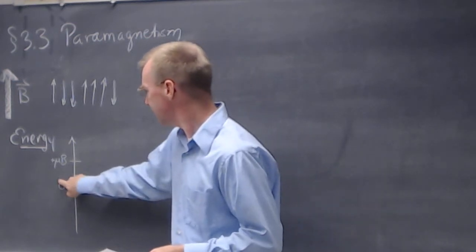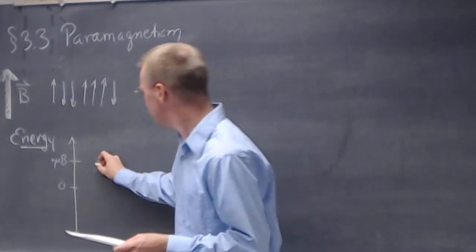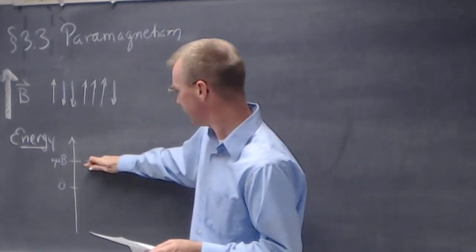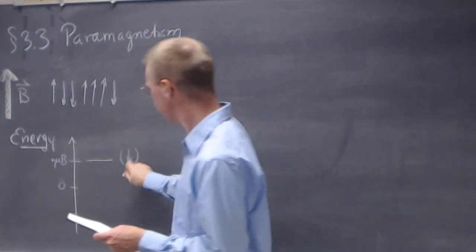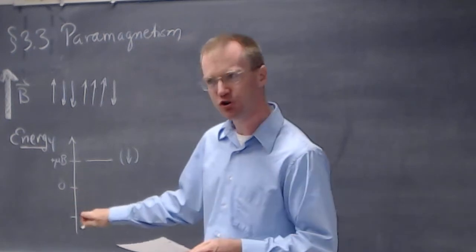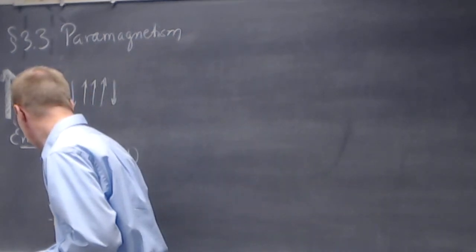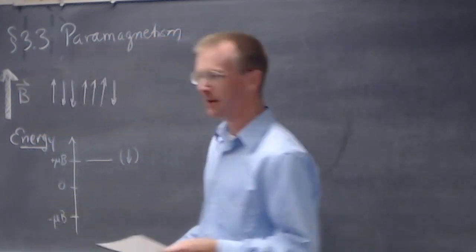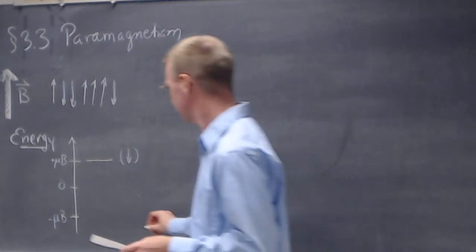Okay, a dipole can either be in the high energy state, which is this state up here, and those are the ones pointing down, or it can be in the low energy state, which has an energy of negative μB, exactly the opposite of the high energy state.